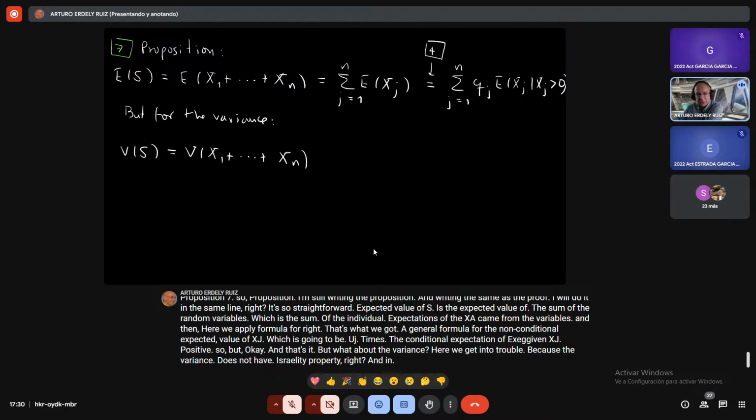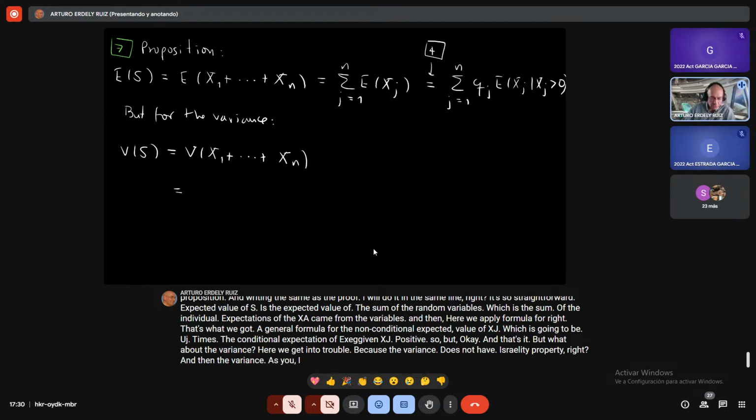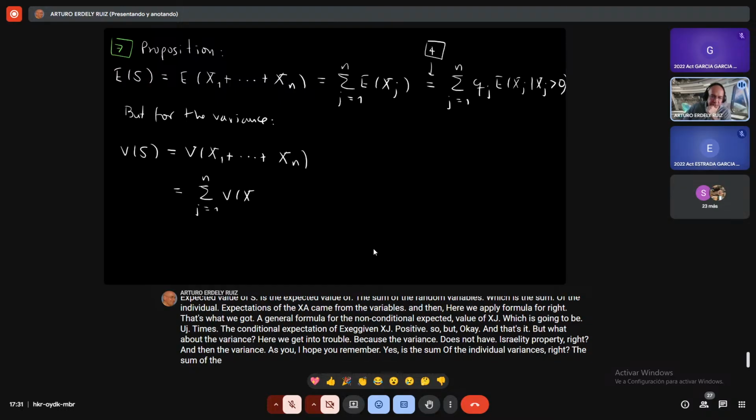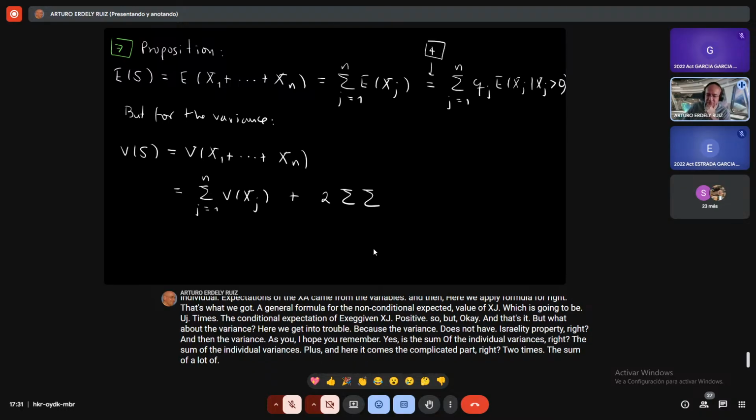I mean, the variance, as I hope you remember, is the sum of the individual variances, plus, and here comes the complicated part, 2 times the sum of a lot of covariances, right? All the possible covariances between different pairs of random variables in the portfolio.